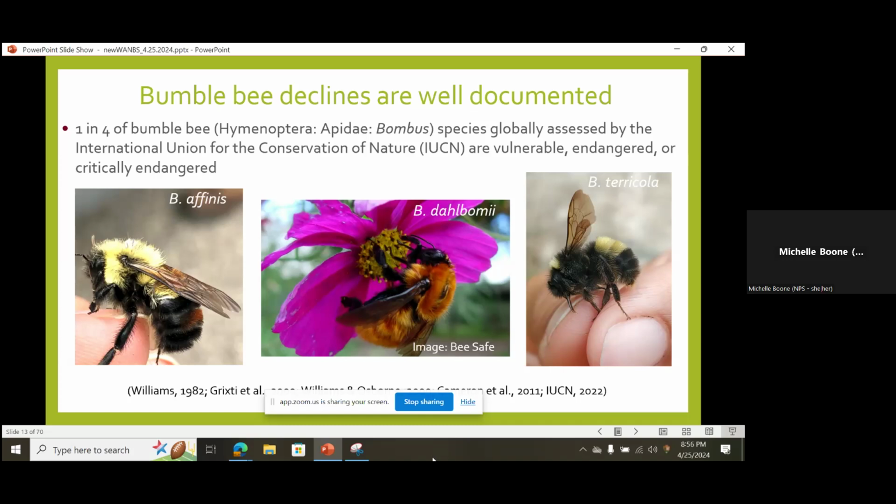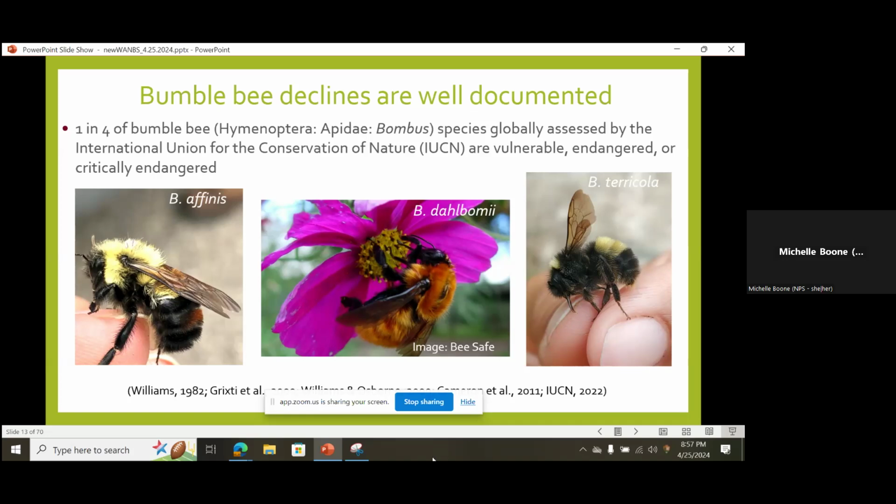Some of our longest data sets actually come from the EU. Starting back in the 70s, Paul Williams, a famous bee researcher there, had already started to note declines happening in the UK. So we do have quite a bit of data, and some long-term data sets for some species, showing these declines in bumblebees.